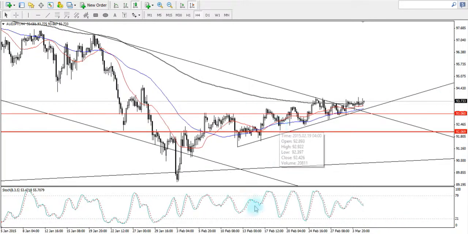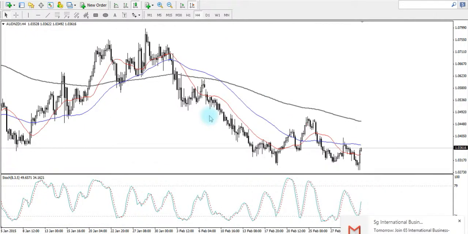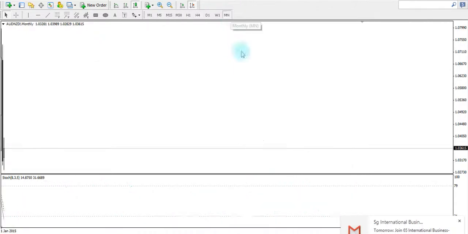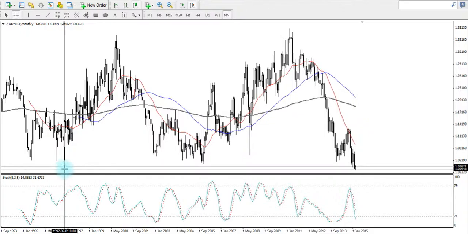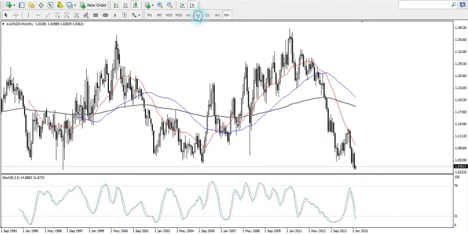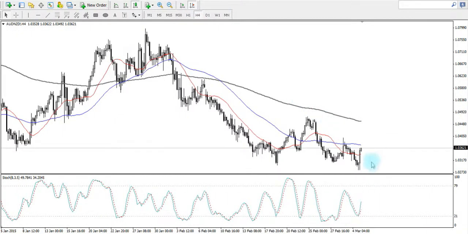All right, and finally we have the Aussie against the New Zealand dollar. Price has finally reached an all-time low based on the monthly charts, right? And the previous low back in 1997, somewhere in the June of 1997, and the moment it touches that level, zooming the 4-hourly chart, we are seeing the price has already begun to rebound.